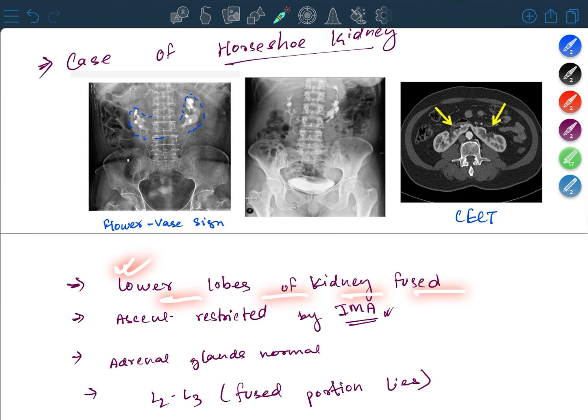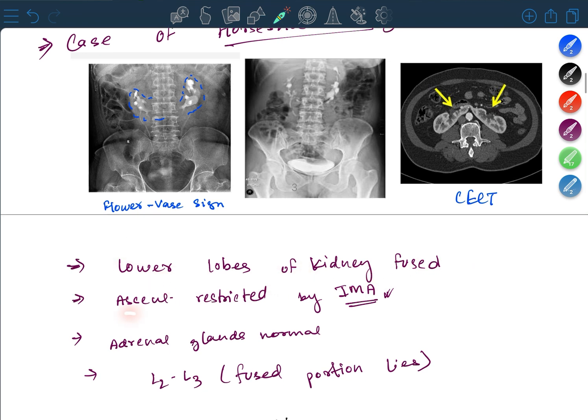The lower lobes, the upper lobes are intact. Lower lobes ascent restricted by IMA. IMA means inferior mesenteric artery. This is important. Kidneys are formed and this is the inferior mesenteric artery. So this artery prevents the ascent of the kidneys. Okay, the artery is blocked. Inferior mesenteric artery prevents the ascent.